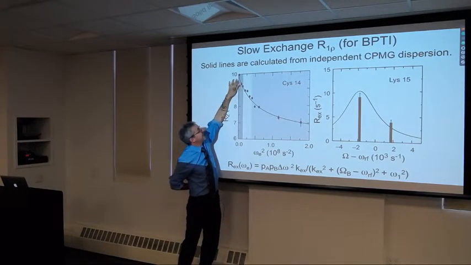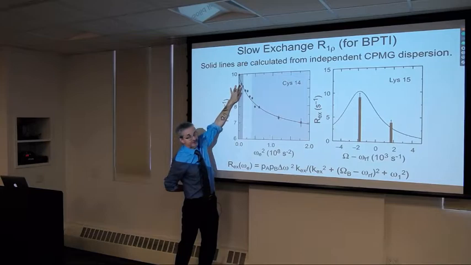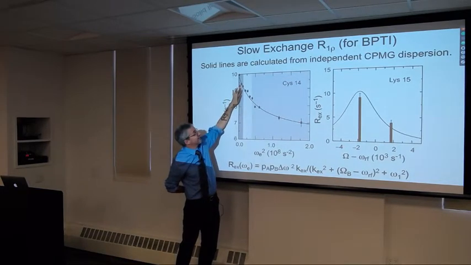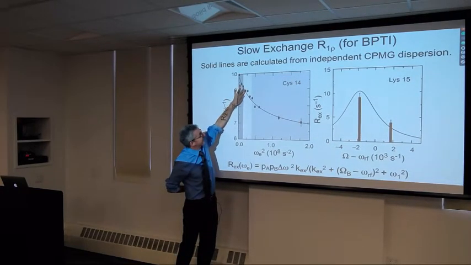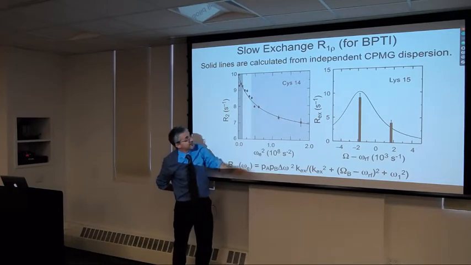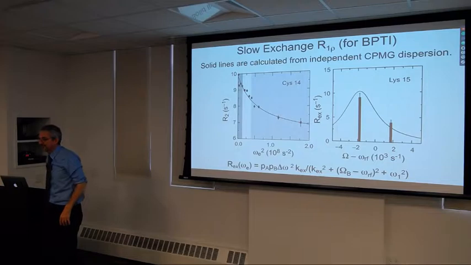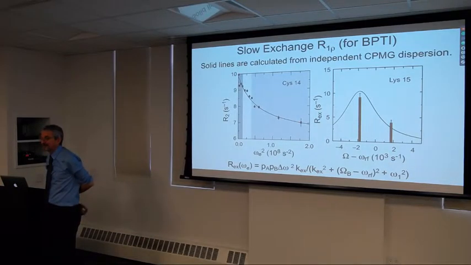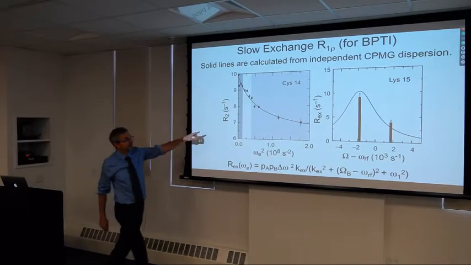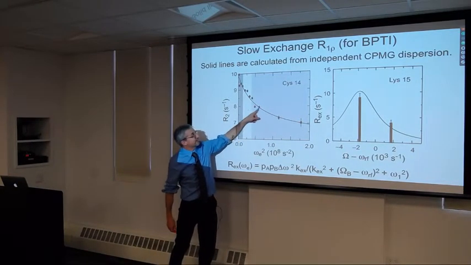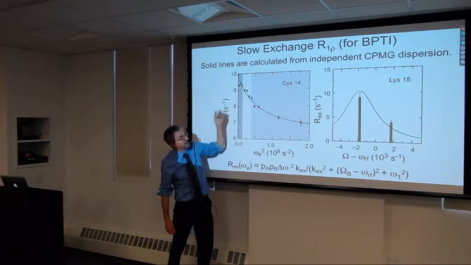These data in here are the CPMG experiment that you saw earlier, and then the curve is the result from the CPMG data. It's not a fit to those data points. It's just been calculated from the CPMG data to show that the R1ρ data is very consistent with the CPMG data.